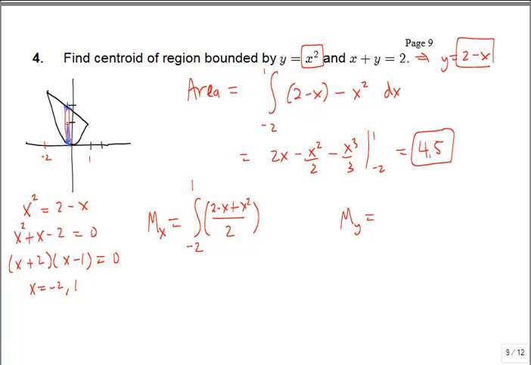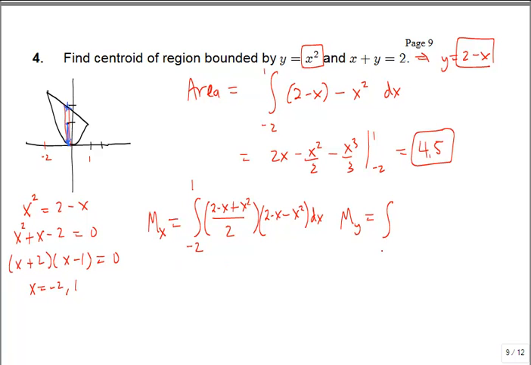So that'll give me the height of the midpoint in the middle. And then we need to multiply this by the top curve minus the bottom curve. And that just comes from that area again, that height times that width. So that's the formula for the moment about the x-axis.